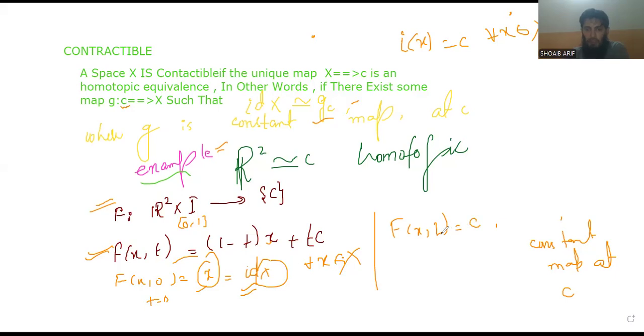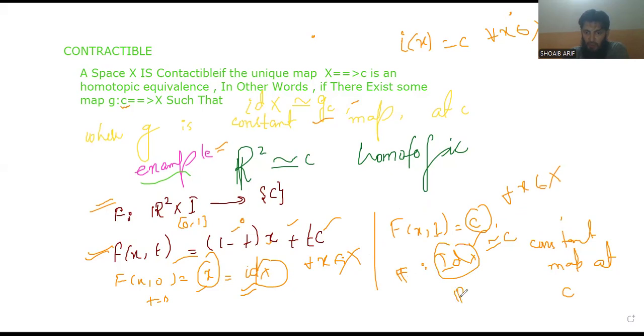If we substitute t equal to 1, this term is 0, so we will get c for all x belonging to R2, which means there is a constant map at c. So this means that there is a homotopy f from the identity on R2 to the constant map at c.